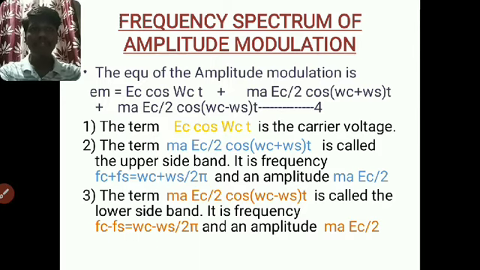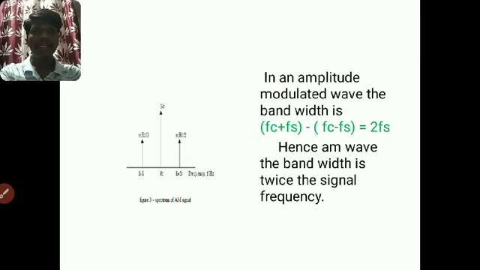We define omega c minus omega s as fc minus fs, and omega c plus omega s as fc plus fs. Then in these equations, this is the carrier, this is the upper sideband, and this is the lower sideband.